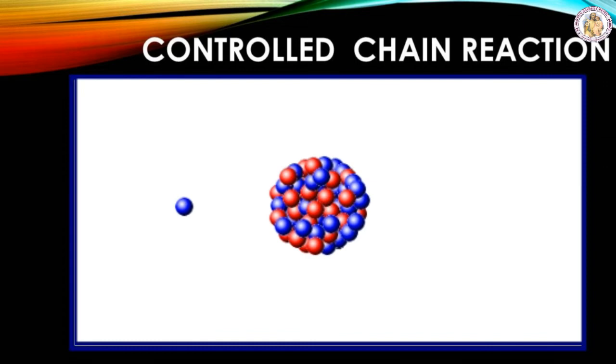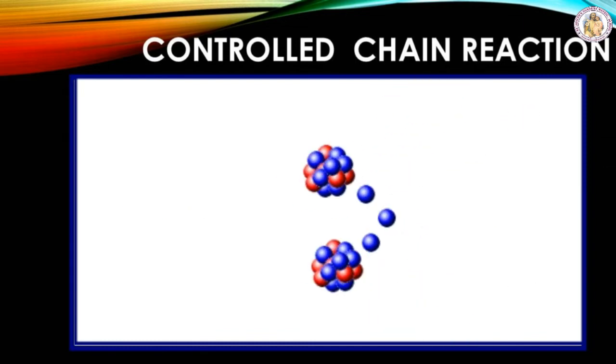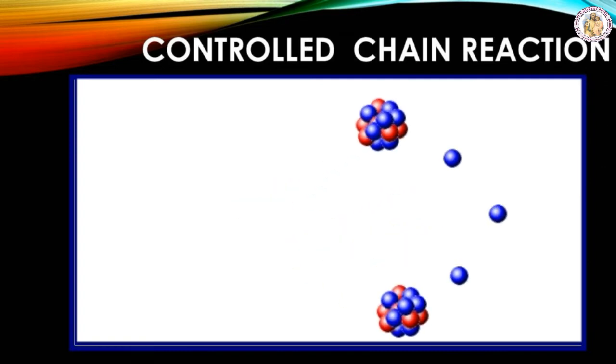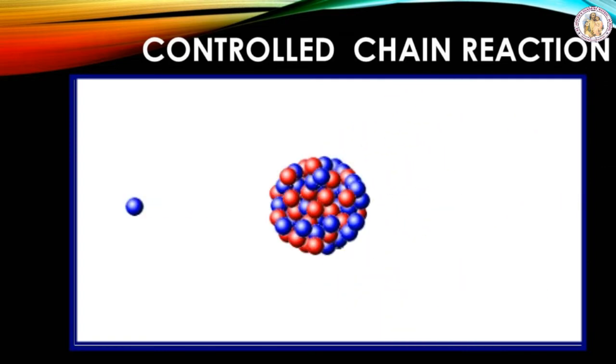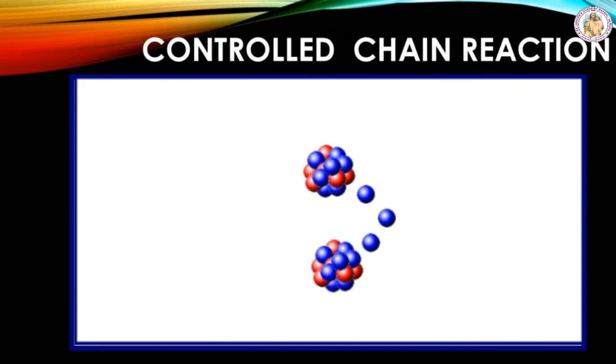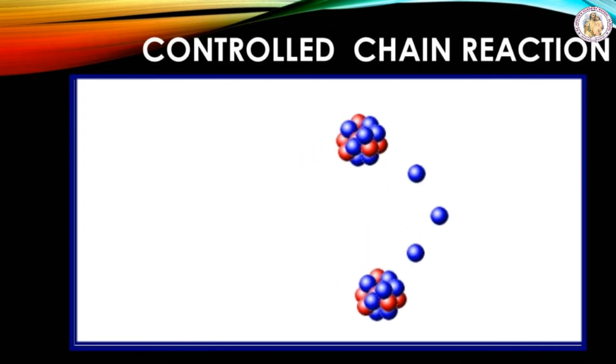Thus the reaction is sustained in a controlled manner. The energy released due to the controlled chain reaction can be utilized for constructive purposes. A controlled chain reaction is used in a nuclear reactor to produce energy in a sustained and controlled manner.